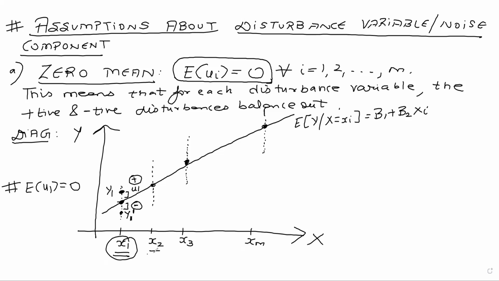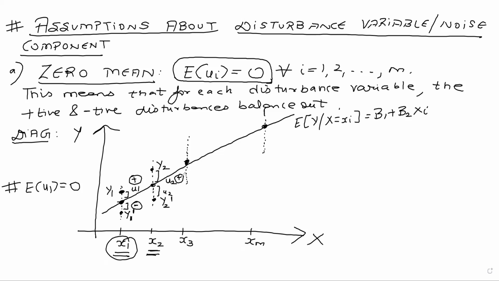Same thing I can do for x2 also. For x2, one value of y2 is this, hypothetically. So the difference between these two values is u2. And one value of y, suppose, is here, y2 dash. So the difference between them is also u2. You can see in the first case, u2 is taking positive values.